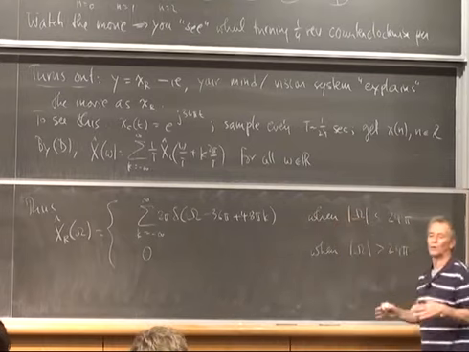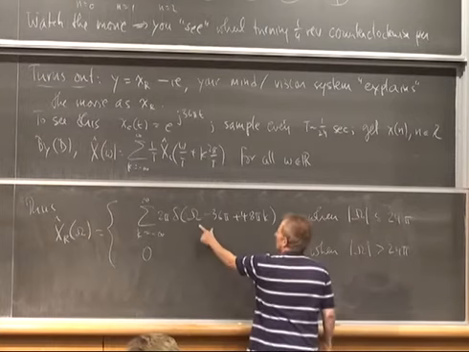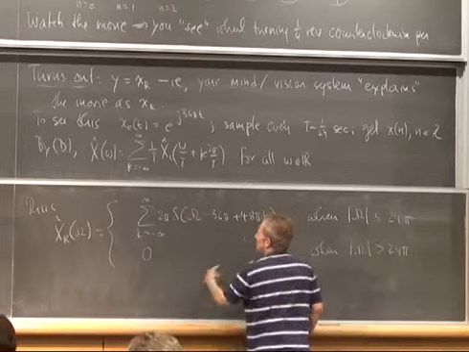Okay, now let's look at where impulses happen. This is the easy thing. Where are the impulses in this infinite sum?